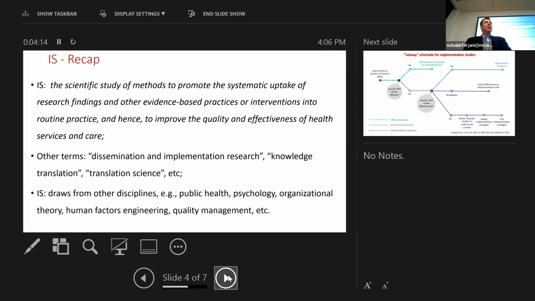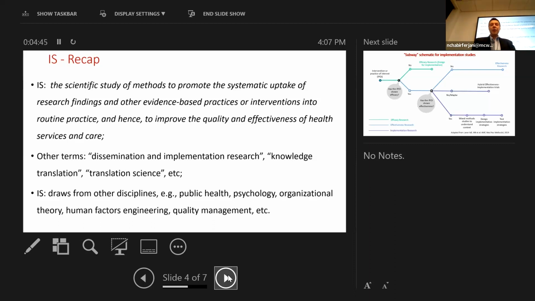As a recap, implementation science is really a new discipline that is looking into the scientific methods that promote generalizable knowledge getting into practice. How do we do the systematic uptake or scale up from research to evidence-based practices or interventions in routine practice, with the ultimate outcome really to improve the quality and the effectiveness of our health services and care.